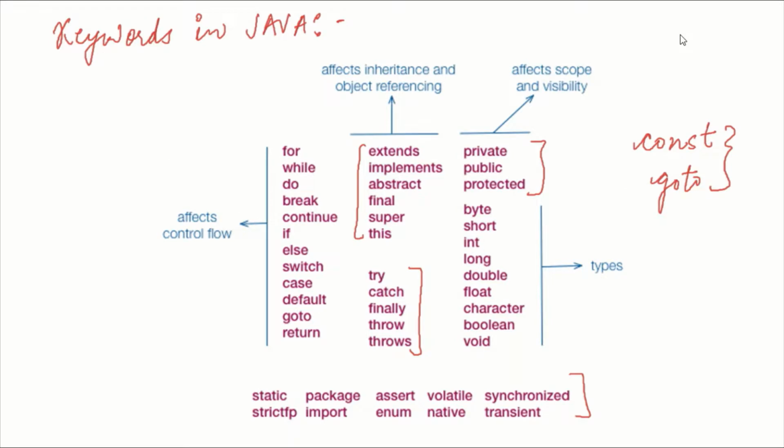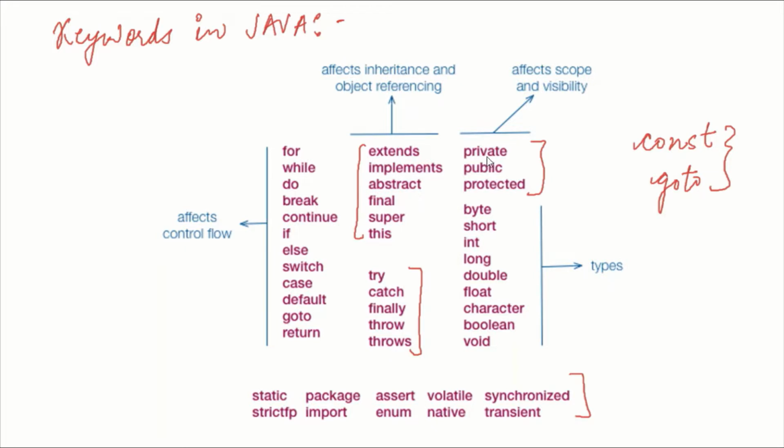Here is a list of keywords in the Java programming language, so you can't use any of the following as an identifier. Here you can see a number of keywords which are predefined in Java. Keywords like for, while, do, break, continue, if, are all used in control flow statements. Extends, implements, abstract, all these keywords come under OOPs concepts, like inheritance and abstraction. Try, catch, finally, throw, and throws are used in exception handling.